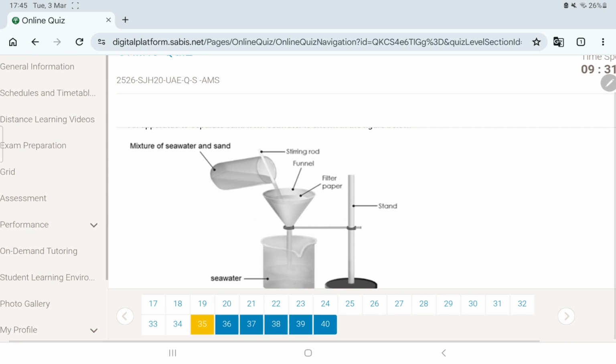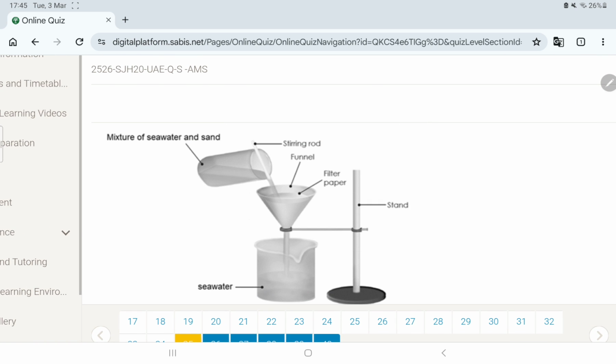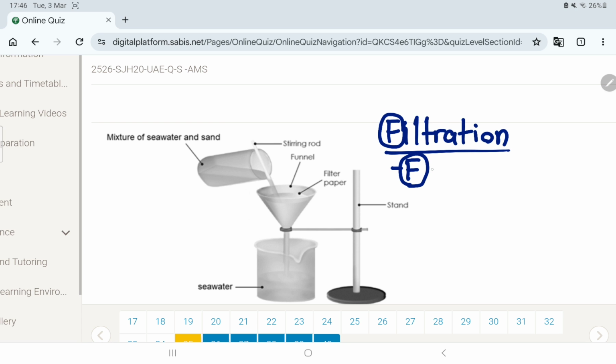Here you have, this is how I like to think about it, filtration. Pay attention to the first letter. Filtration has filter paper. This is our first hint. The funnel. And what else does it have?